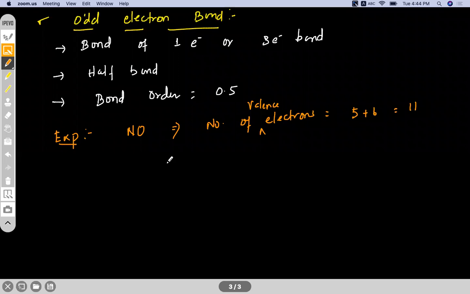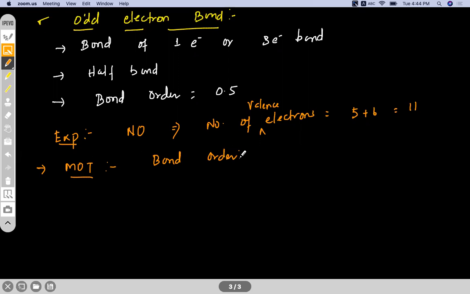Okay, so NO, if you see the bond here, with the help of molecular orbital theory, MOT, we'll find out the bond order of this molecule first.